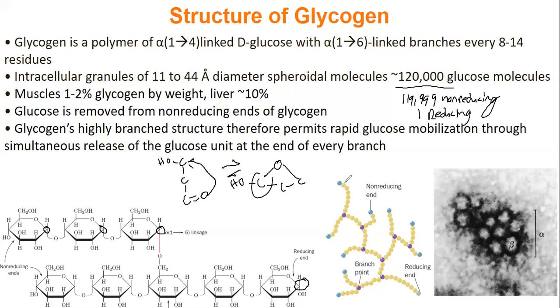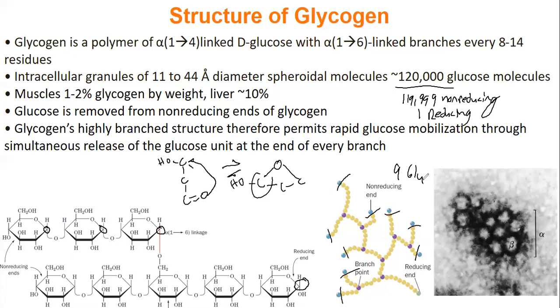The way you make ATP is glycolysis. And so to get glucose fast, all of the branch points that are non-reducing will be chopped off at once. So in this example, I'm releasing 1, 2, 3, 4, 5, 6, 7, 8, 9 glucoses at a time for every time a reaction happens, more or less, because you have 9 non-reducing ends.